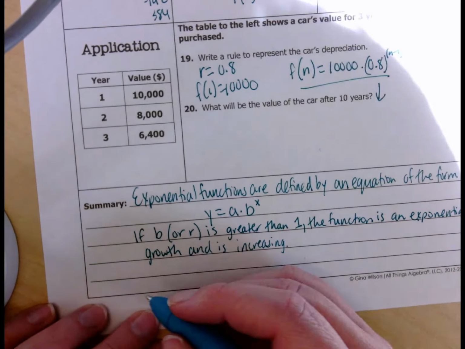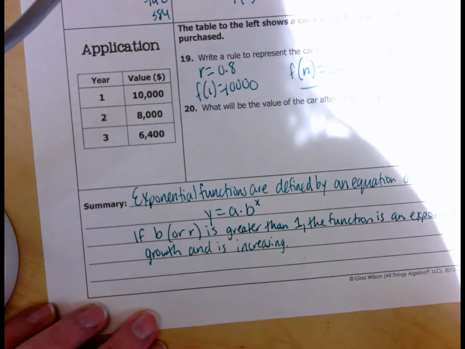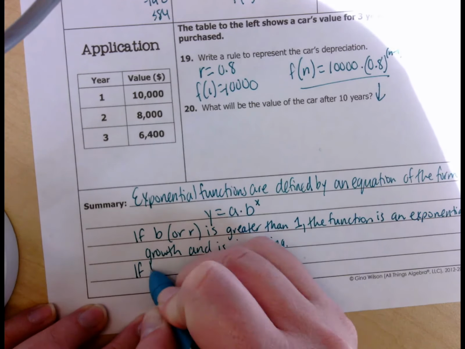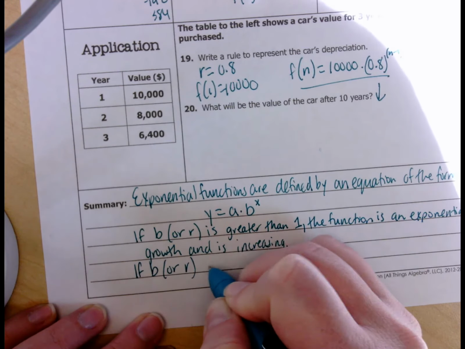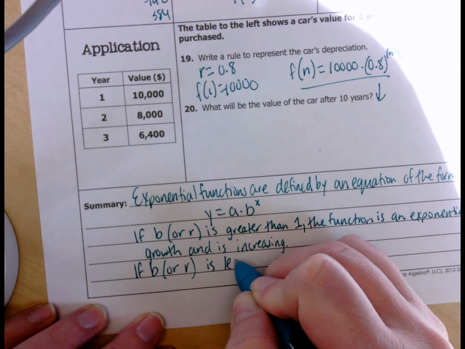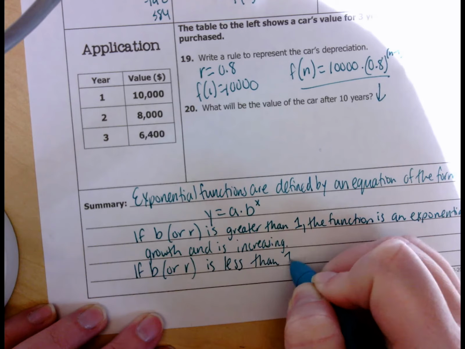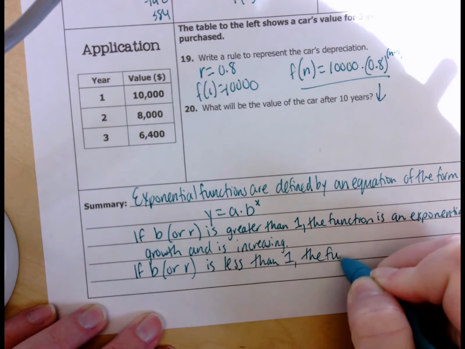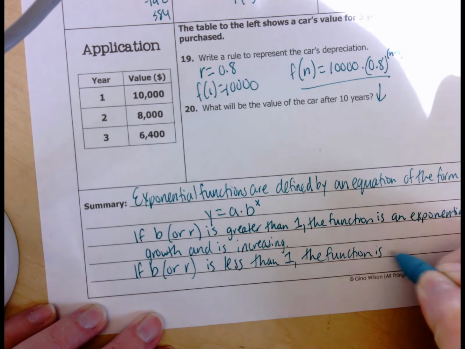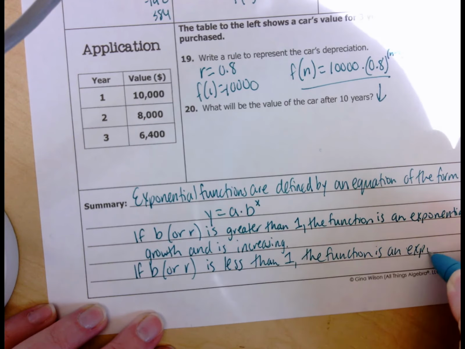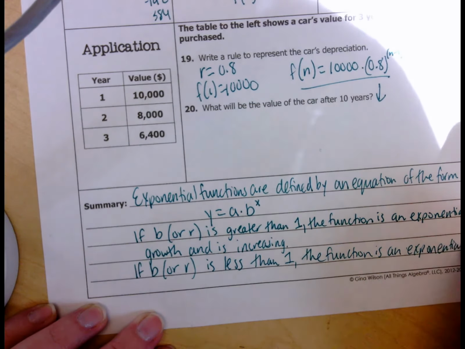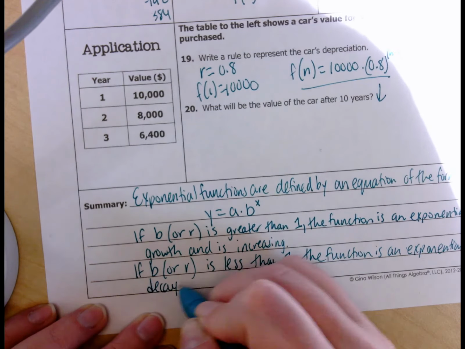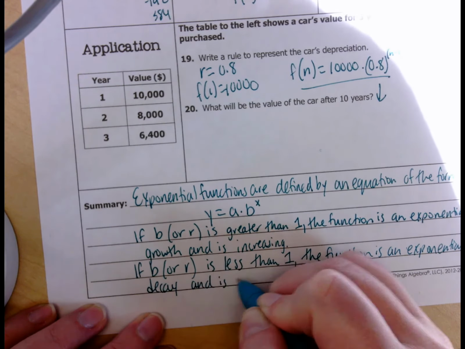Okay, so then we look at what if it's less than that? So if b, or r, is less than 1, then the function is known as exponential decay. Decay meaning that it is decreasing.